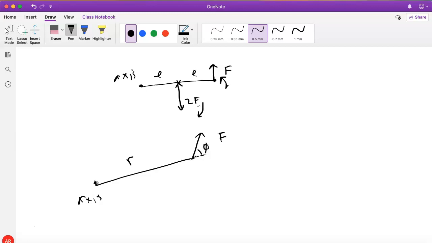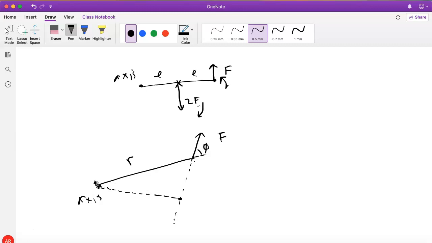All right, so let's say instead of thinking about the component of the force that's perpendicular to the arm of rotation, I think about the component of the arm of rotation that's perpendicular to the force. So consider this distance from here to here.